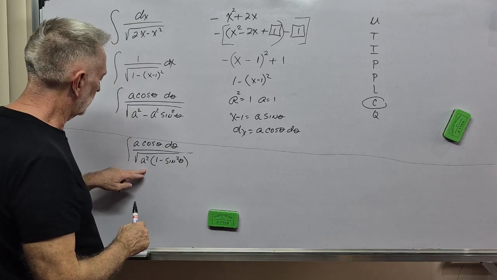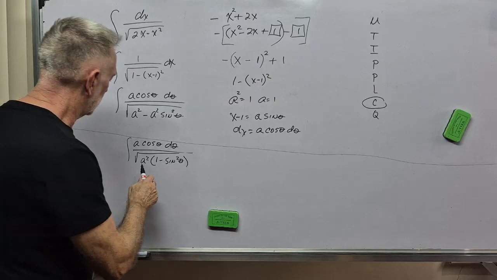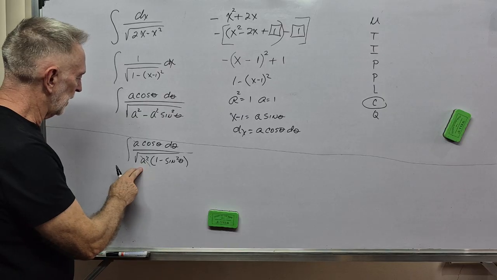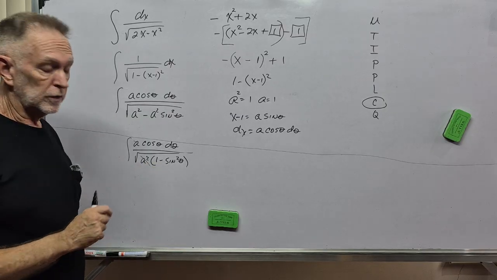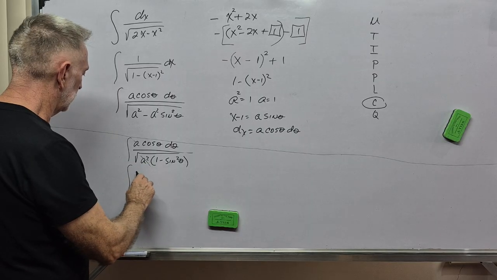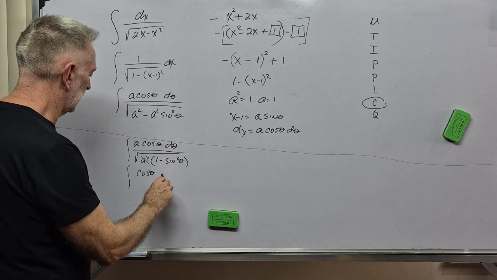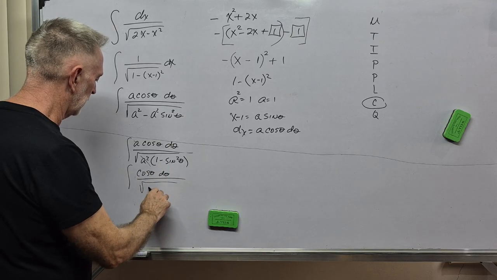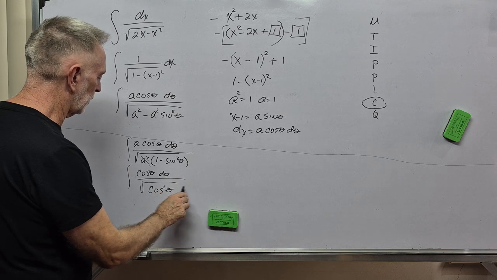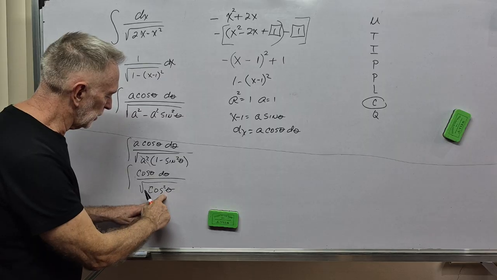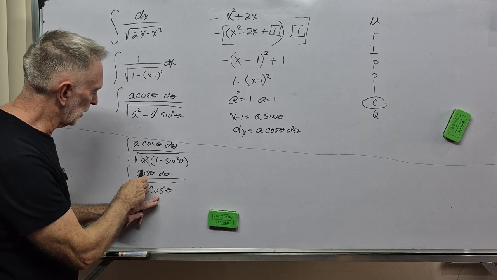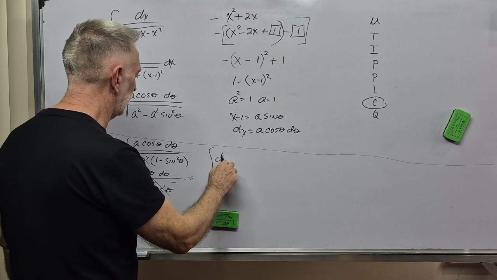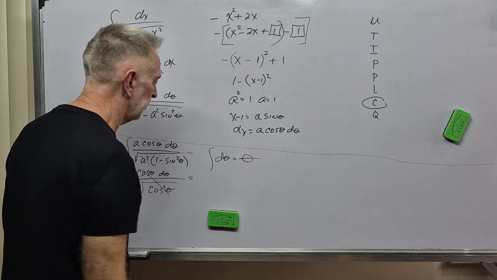All I've done is factor the a squared out. The square root of a squared is a, so that term will divide out. 1 minus sine squared is cosine squared, and the square root of cosine squared theta is cosine. So cosine divided by cosine divides out, and I'm left with the integral of d theta, so it just becomes theta.